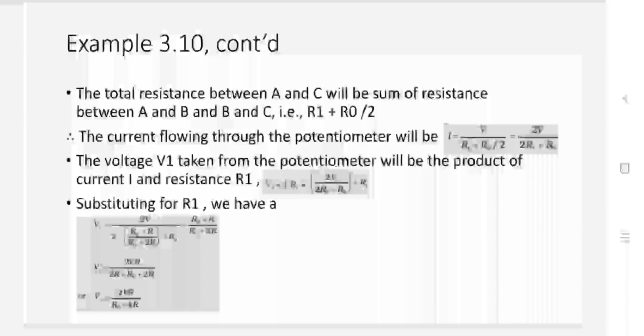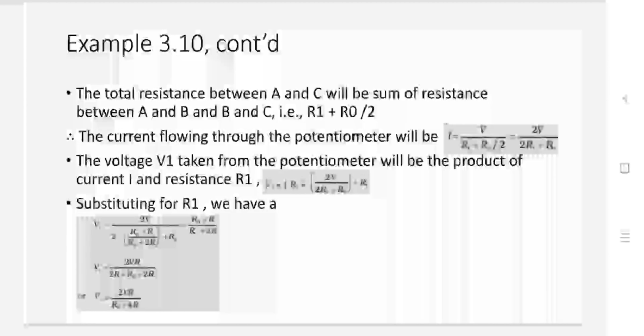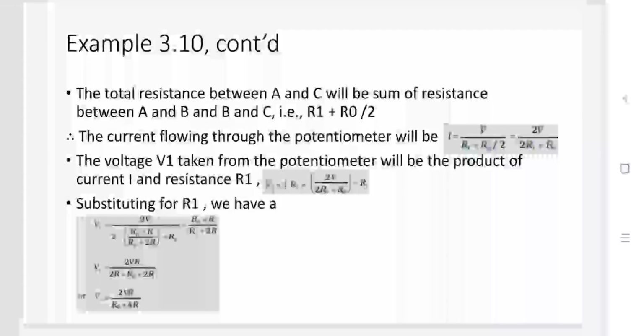Now in series, current remains the same. So I equals V by R equivalent. That R equivalent is nothing but R1 plus R0 by 2. So that is 2V by (2R1 plus R0). And V1 taken from the potentiometer will be V1 equals I R1. So the I equation we have determined is 2V upon (2R1 plus R0).